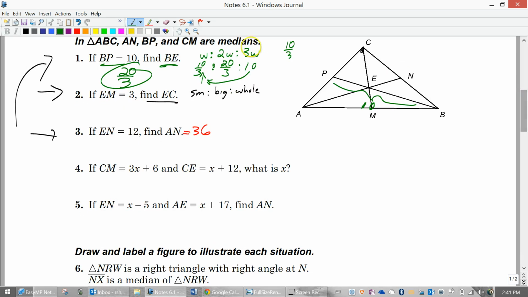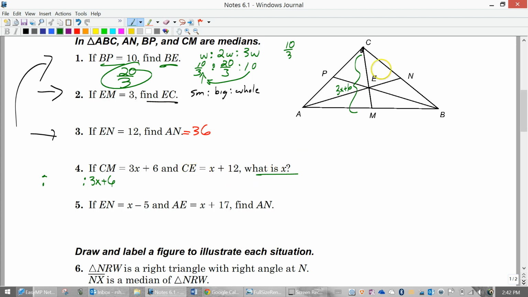Okay, let's label our picture to try to get an understanding of where these need to be labeled. CM, that's our whole thing, right? So let's set it up in kind of our ratio setup here. 3x plus 6. That's our whole thing, right? Now, we want to find out what x is, which makes this a little hard.